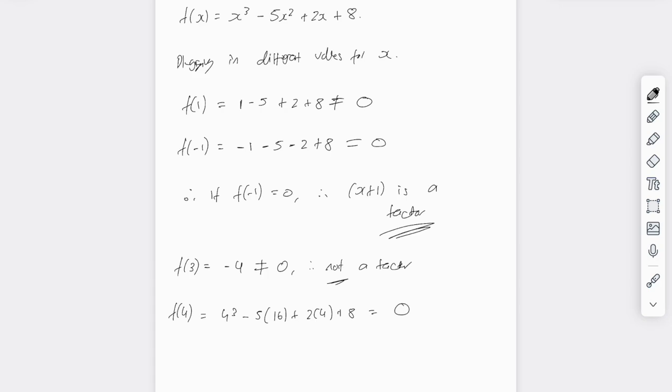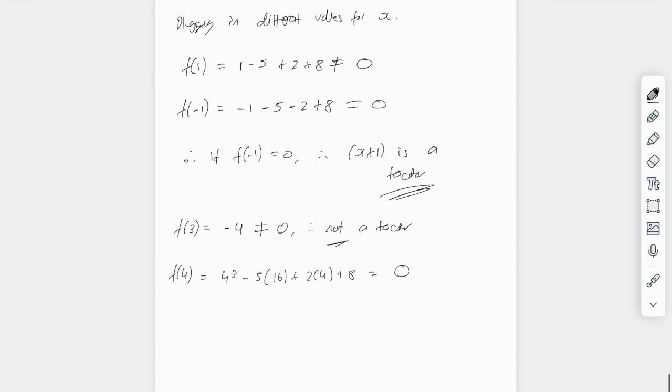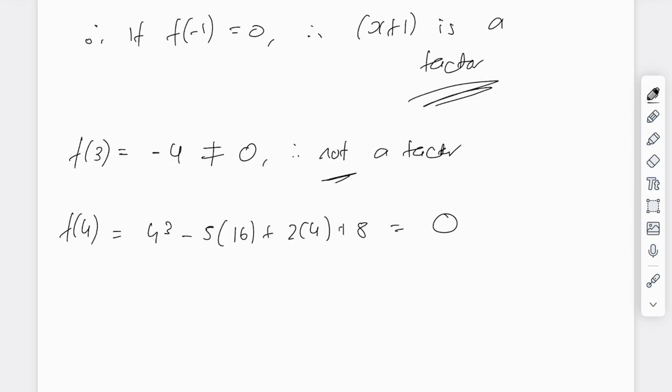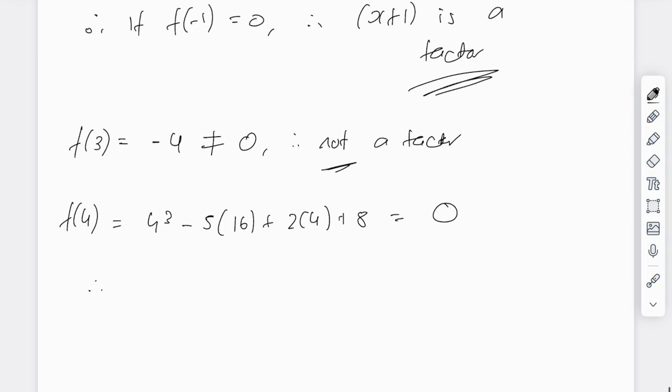That's going to equal 0. f of 4 equals 0, and therefore x minus 4 is a factor.